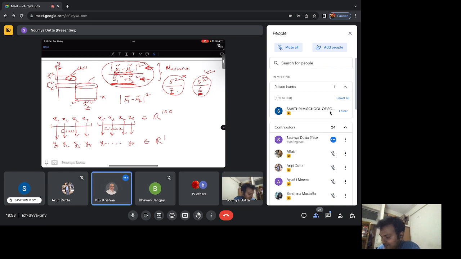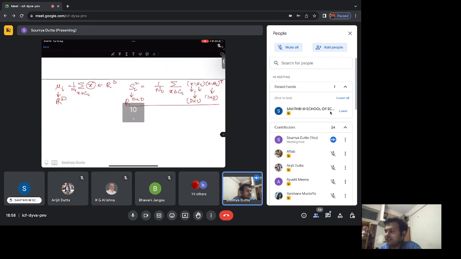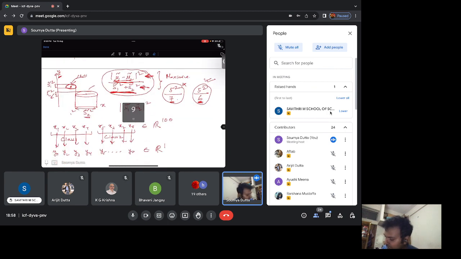Okay, so we come to this, and then there is a lot of maths. I won't go into those details. The formulation is that you write this in a matrix notation, and once you write it in matrix notation, you solve it by differentiation.